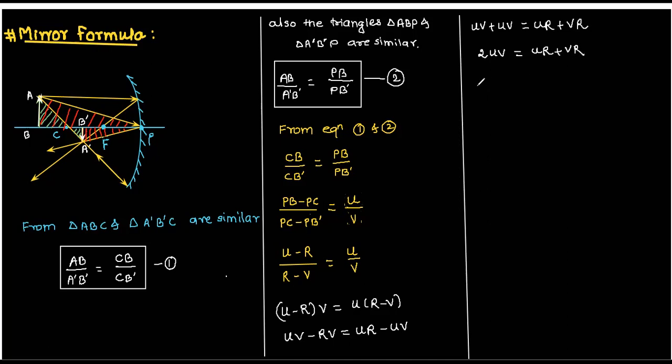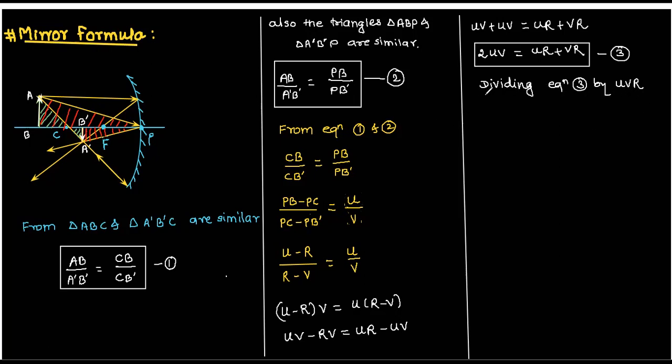Now what I am doing, dividing equation, this is your equation number 3. So let's number this equation as equation number 3. So what I am doing now, see operation, dividing equation 3 by UVR.